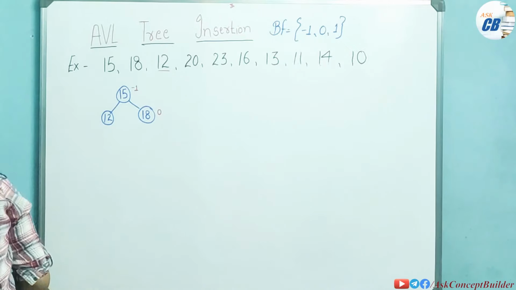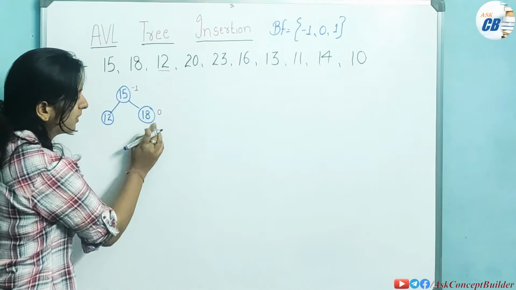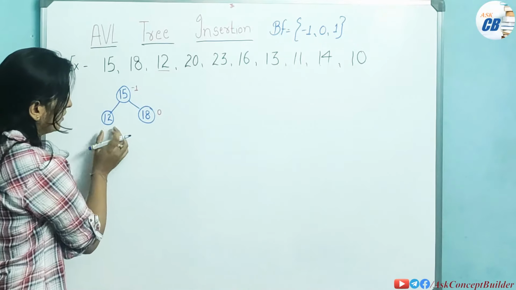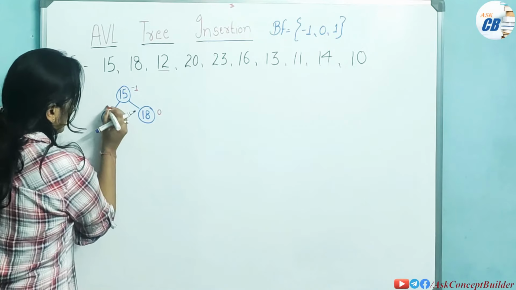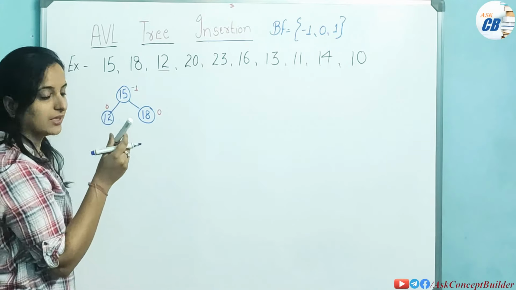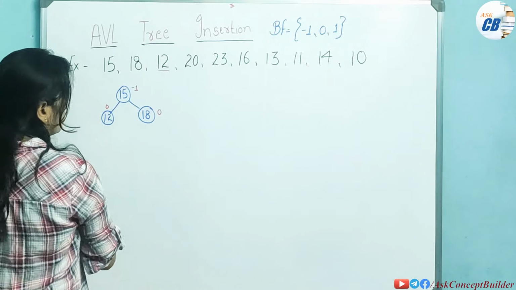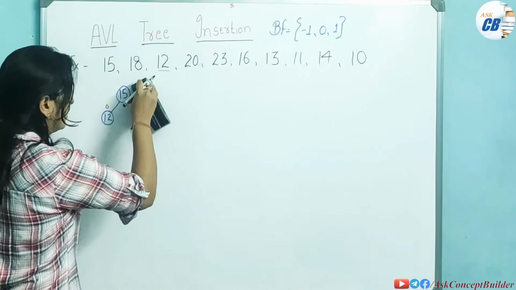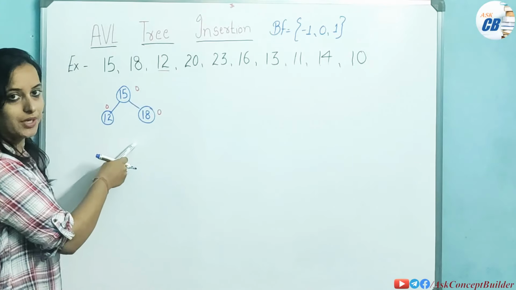The balance factor for 12 will be 0 only, as it is a leaf node. For 18 also it is 0. For the node 15, the balance factor is 0 minus 0, which is 0. Now again your tree is balanced.